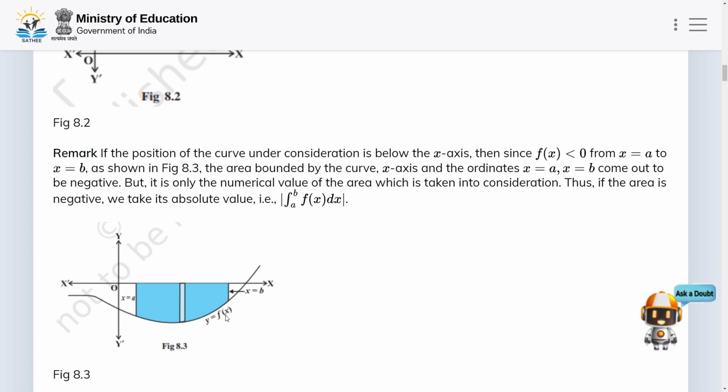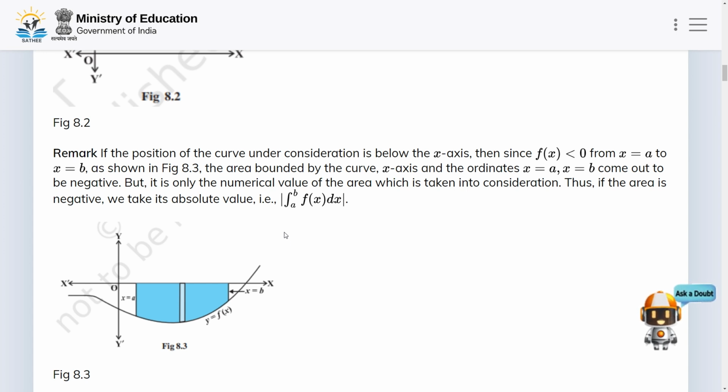But what will happen is that if you find this simple integration, you will get a negative value. But as you know, area is always a positive thing. This means you have to put an extra modulus sign in order to find your area.